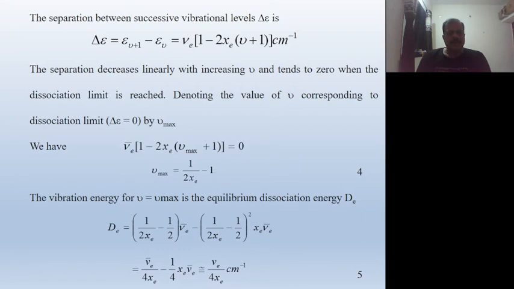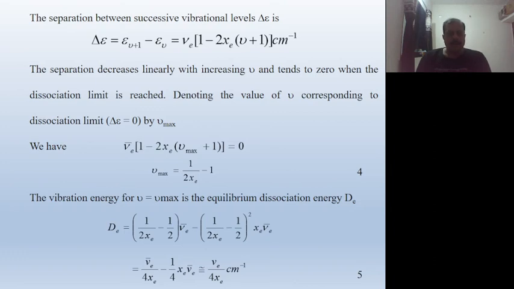The separation between successive vibrational levels, delta epsilon, is epsilon nu plus 1 minus epsilon nu, which is equal to nu bar e into 1 minus 2 Xe into nu plus 1 per centimeter. The separation decreases linearly with increasing nu and tends to 0 when the dissociation limit is reached.